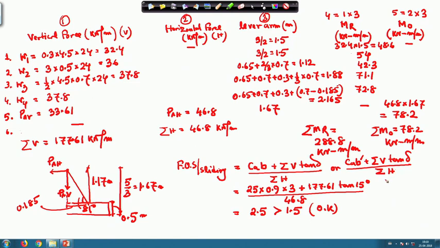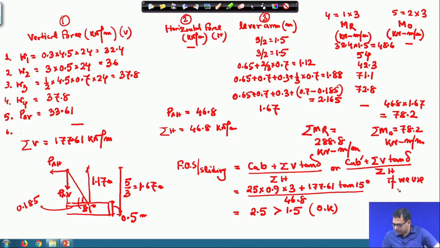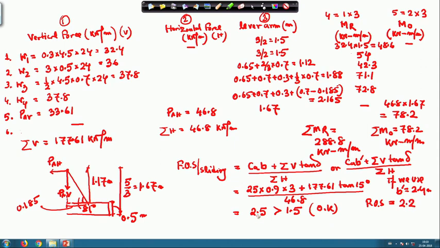Now, if we use B dash equal to 2.4 meter, then the factor of safety for the sliding will be equal to 2.2 instead of 2.5.